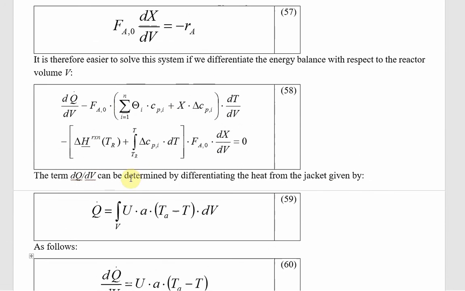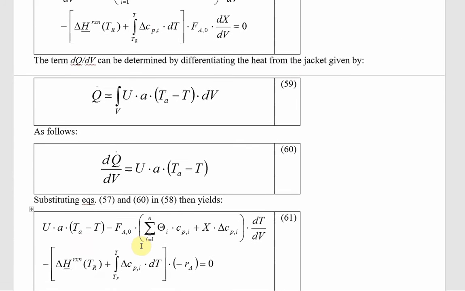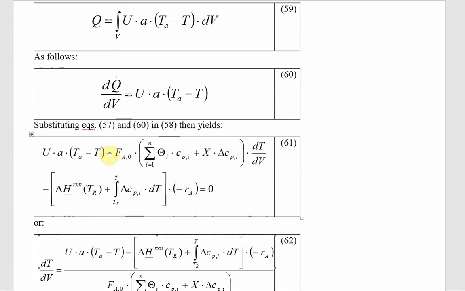So the dT dV, we can say simply, well, earlier we had established this relationship. So the dQ dV is clearly Ua times (Ta minus T), right? So we can substitute that in for dQ dV, so that's where we had the dQ dV term. And then also we can say, well, the dX dV for a plug flow reactor is simply minus rA over FA0.